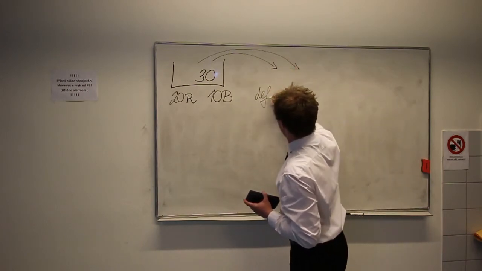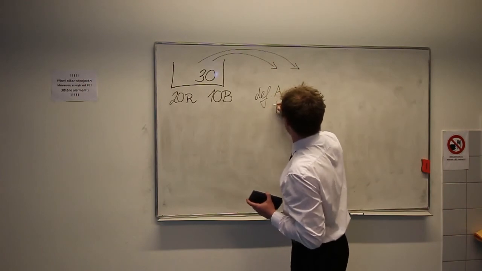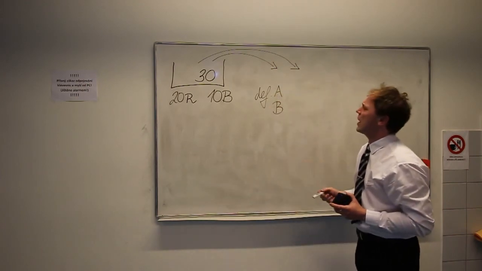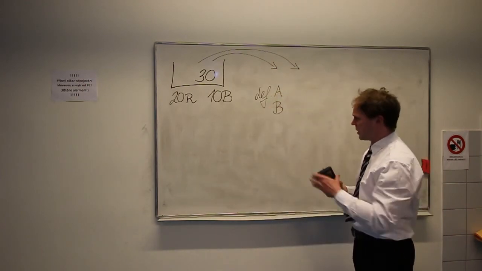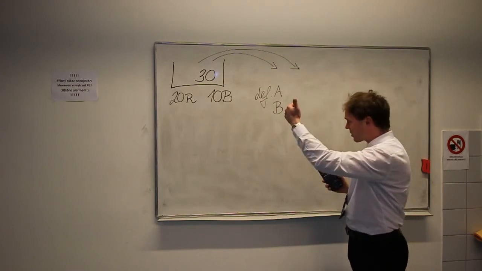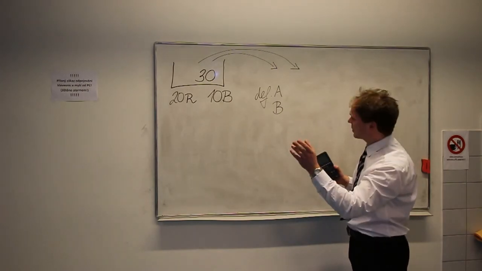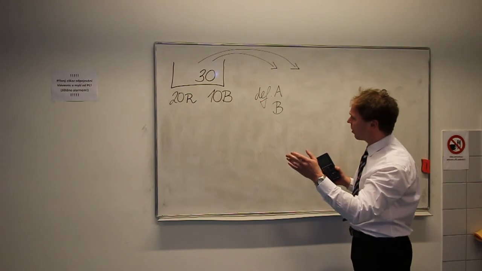We have the definition of A and the definition of B, which are almost the same. The first and the second selected card from the basket will be blue.